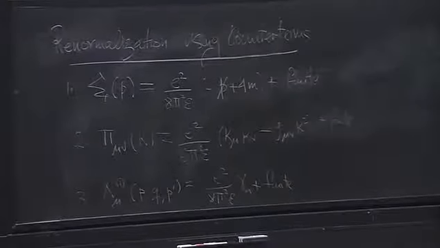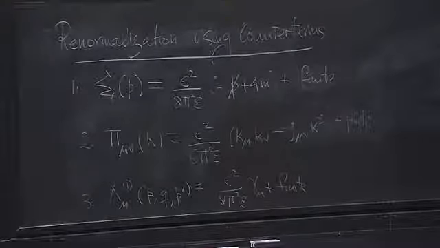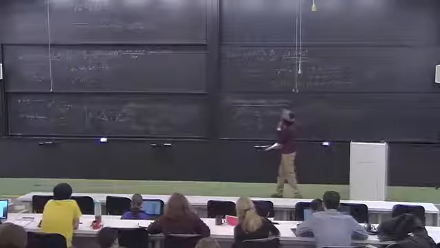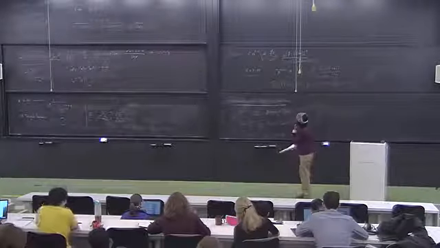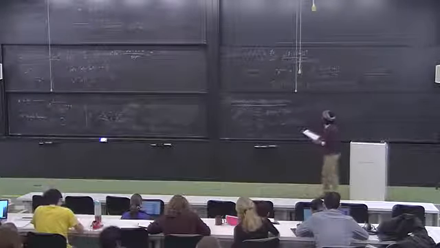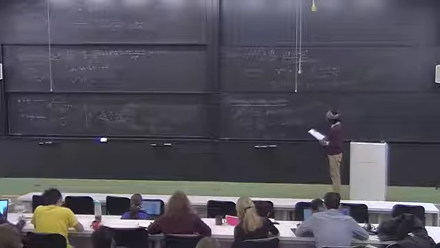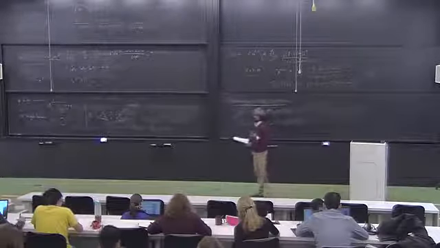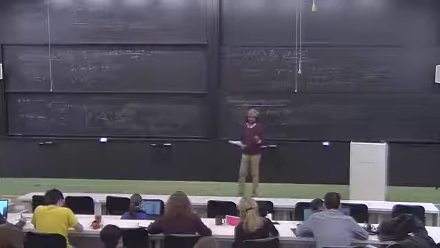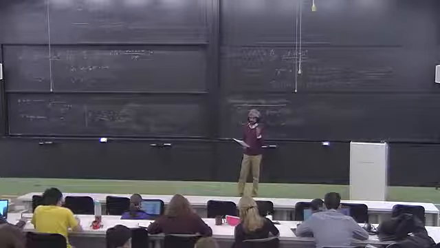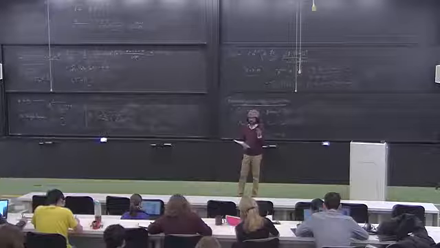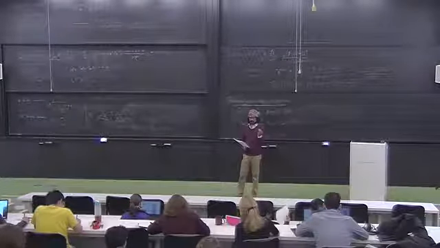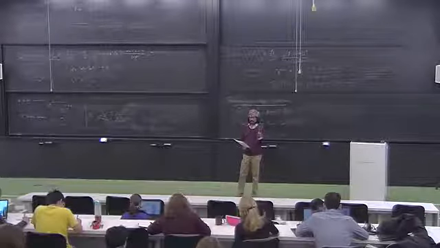So the philosophy is that we saw that our original Lagrangian, which I seem to have erased, led to divergent contribution at one loop. So the idea now is to add to this original Lagrangian a new Lagrangian, which is formally infinite, which means that when you take epsilon to 0, that Lagrangian is going to be divergent.